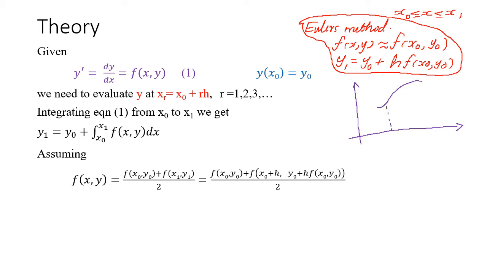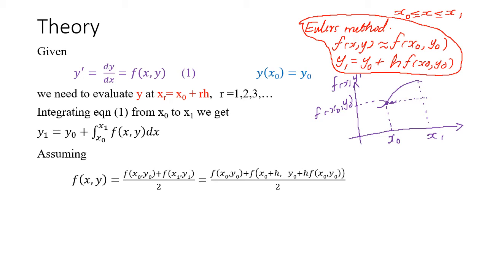So this is our x0 and this is our x1, and this is f of x y, and this point is f of x0 y0. We assume that in this interval the value of the function is f of x0 y0. So this was our assumption.